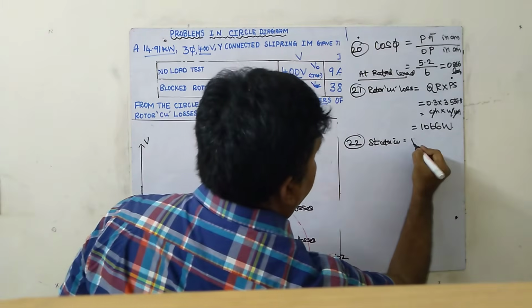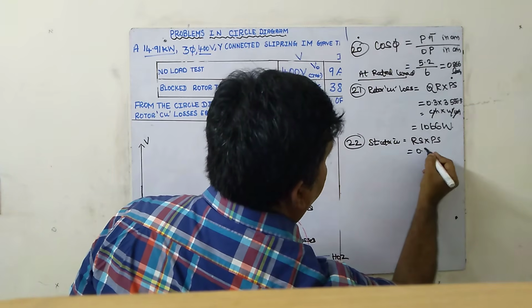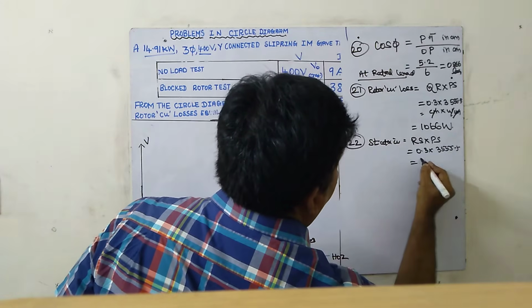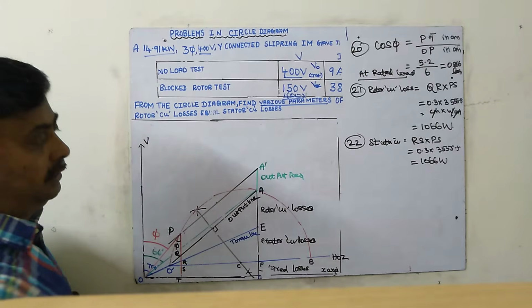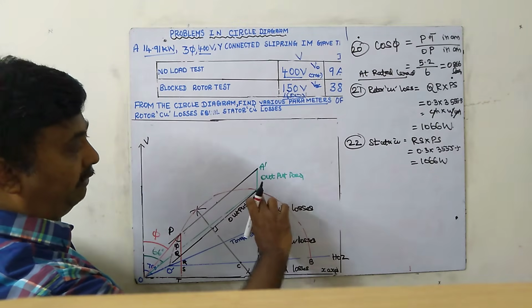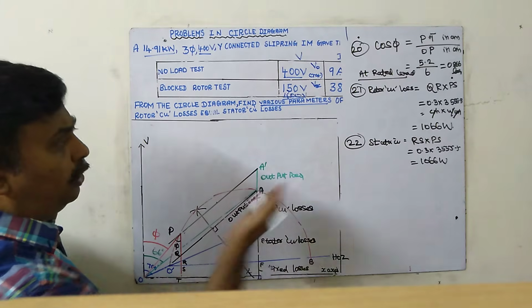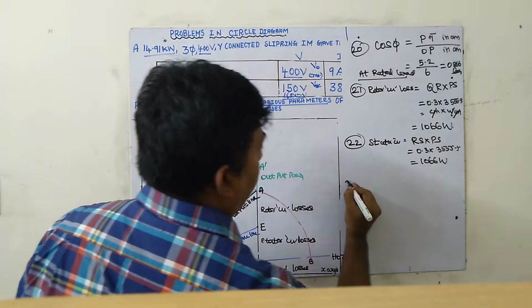So RS into the power scale, the same 0.3, into 3555.5, the same 1066 watts. Since we have assumed rotor copper losses at standstill equal stator copper losses, at full load also we get the same value. Sometimes it may differ.